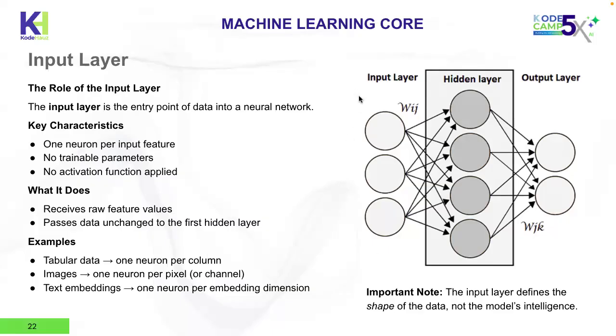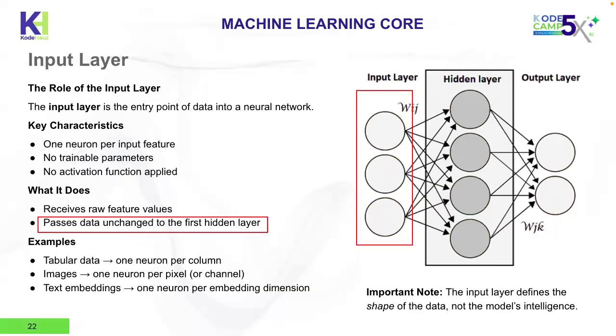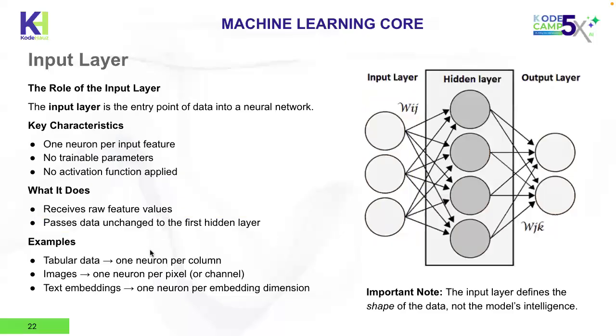And then when it receives that raw feature, it will just pass that raw feature exactly as it is to the next layer. Examples of how you would set up an input layer: if it's tabular data, you could say 1 neuron per column. If it is images, like if you want to do image recognition, which we will do very soon, you have 1 neuron per pixel, right?